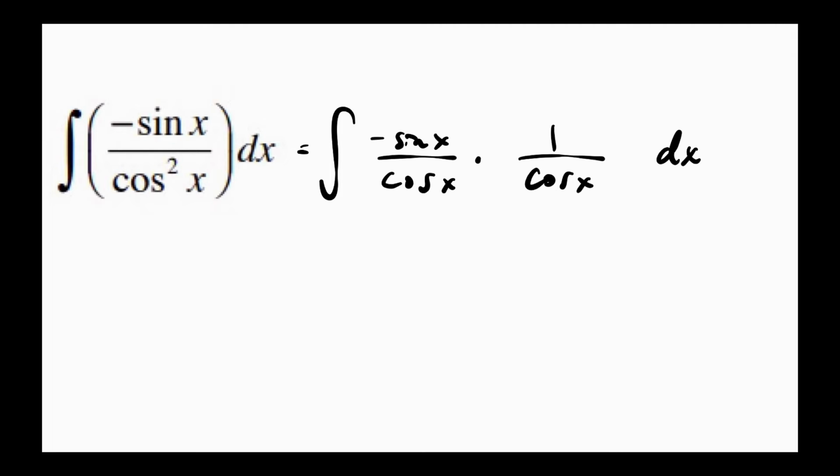If I multiply those, I get cosine squared on the bottom. Now, why is that going to help me? Yeah, it's a tangent. That sine over cosine, y over x, is equal to tangent. It's going to be negative since there's a negative out there.